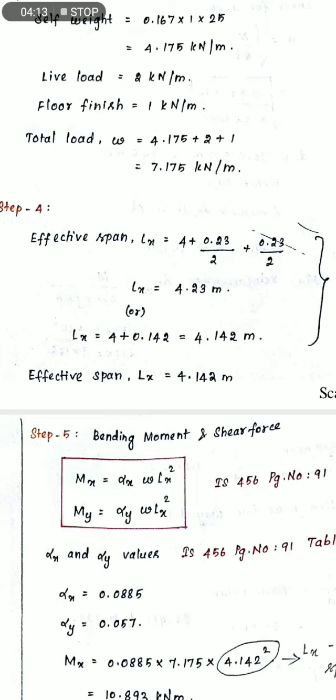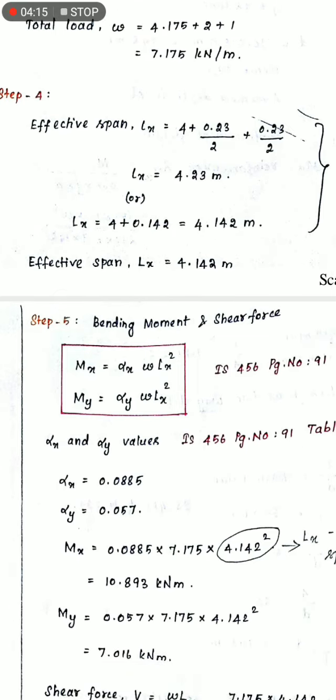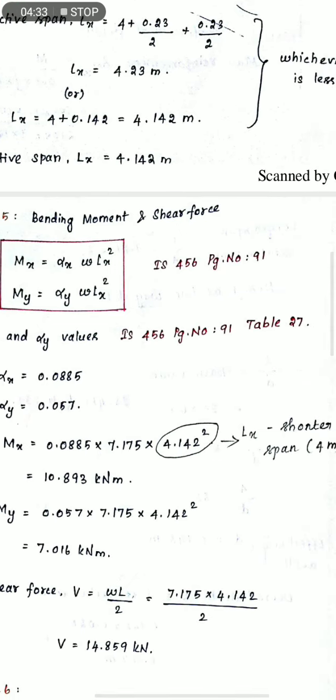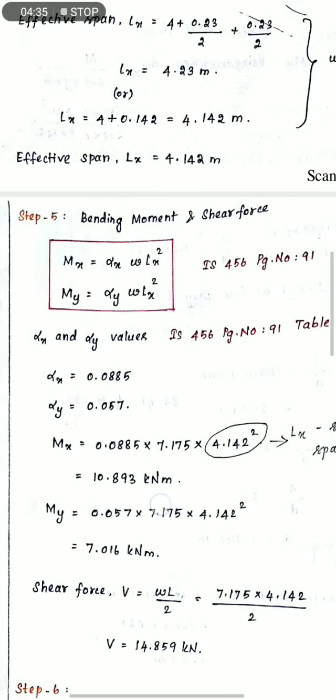That is Mx equal to alpha x W Lx square, then My equal to alpha y W Lx square. So Lx square, not Ly, it is Lx. Alpha x and alpha y are given in IS 456 page number 91, table 27.